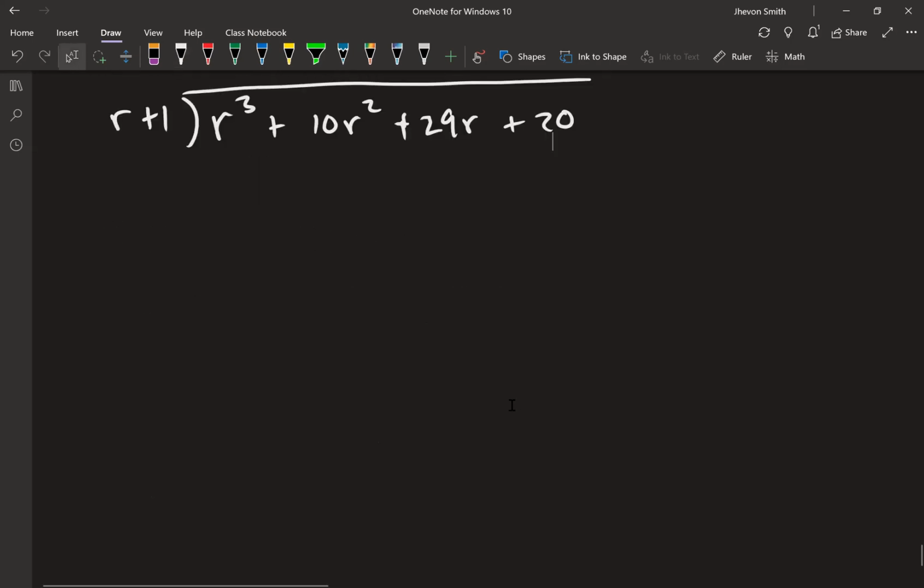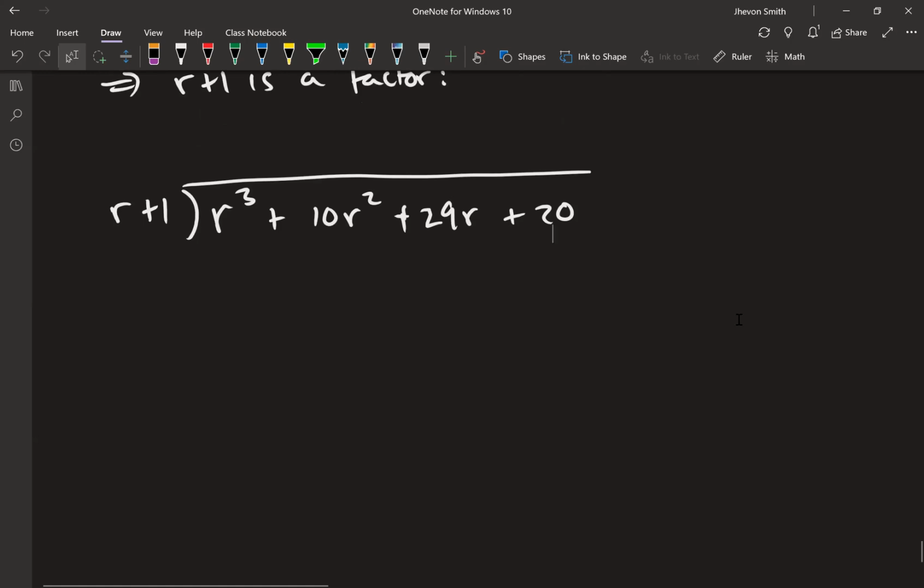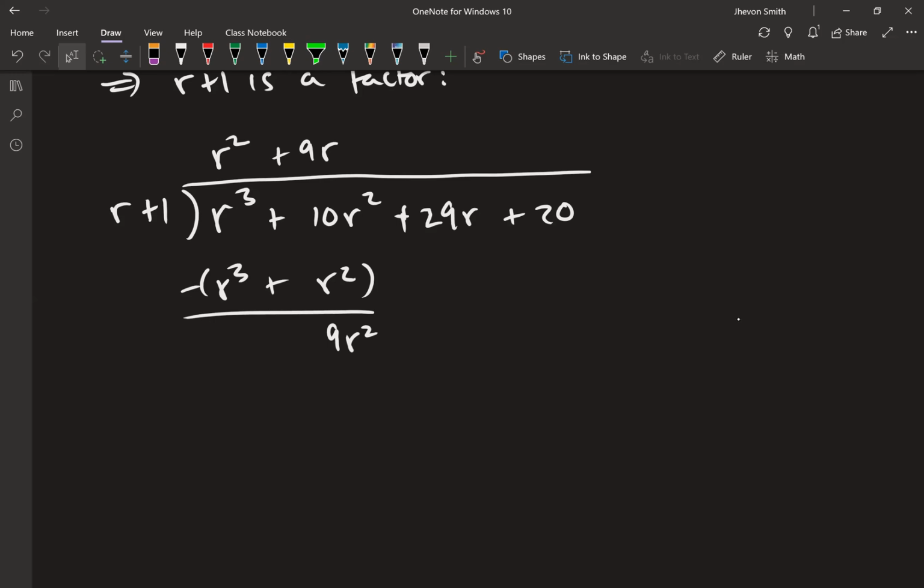And so now I go through the long division process. r into r cubed goes r squared times, giving r cubed plus r squared. Subtract. Then I would have 9r squared. Then r into 9r squared goes plus 9r, giving 9r squared plus 9r. Subtract.